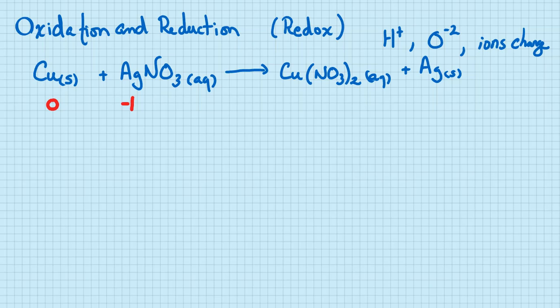NO3, we'll take a look at that whole thing, because NO3 is actually 1 minus, so if we look at that, we have a total of 6 minuses here. That has to equal -1, so that must be a +5. So we can say that this is a +5 and this is a -2 for our oxygen, and we're looking at just individual oxygen, individual nitrogen.